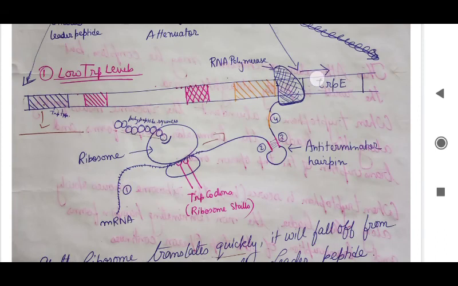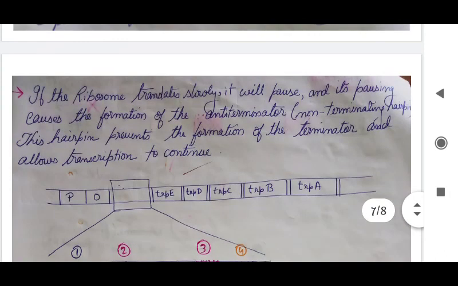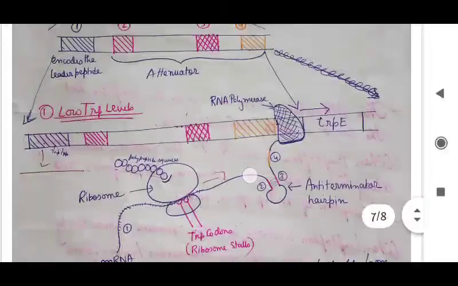This anti-terminator hairpin will allow the transcription to continue. It prevents the formation of the terminator hairpin, because the terminator hairpin terminates the transcription. The anti-terminator hairpin prevents the terminator hairpin from forming and allows the transcription process to continue.